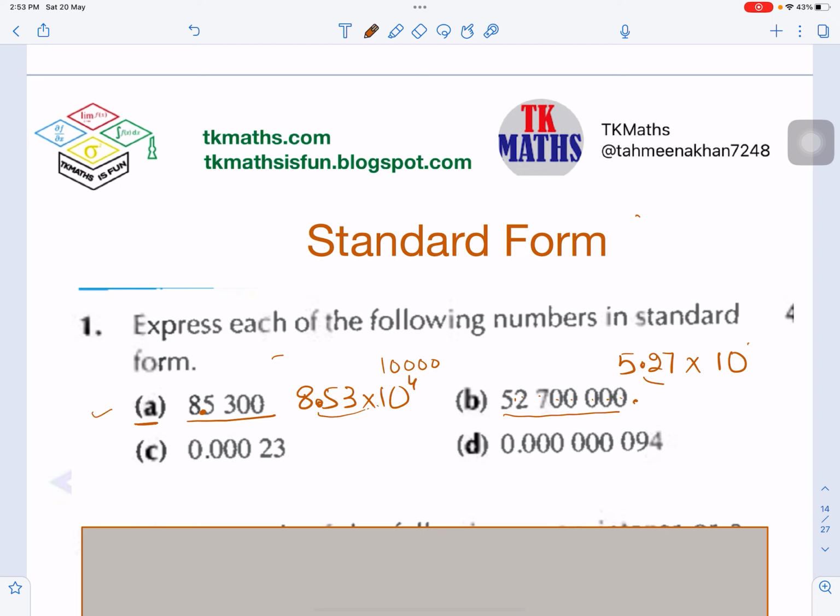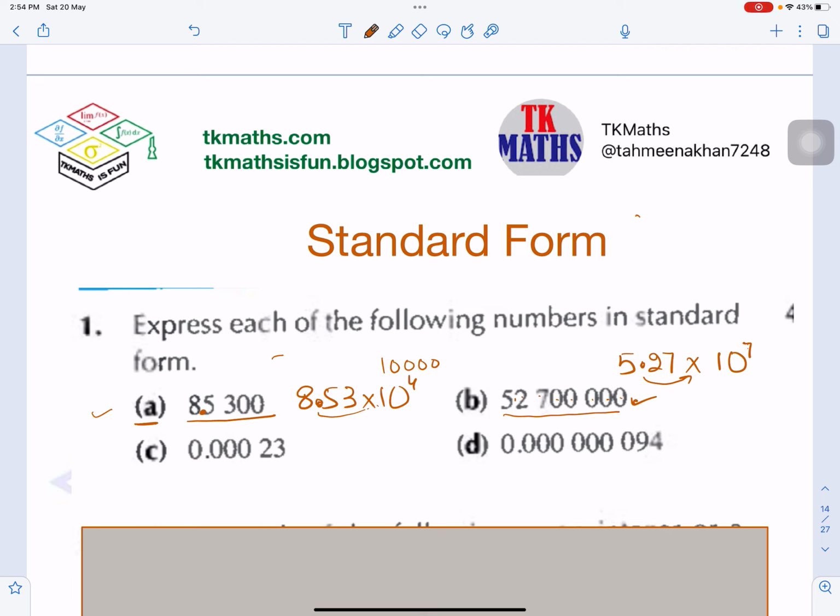So it has to jump 7 places to the right, then you will get this question back. So it is 5.27 into 10 power 7, right? Positive power means the decimal will go right. Negative power means the decimal will go left, because negative power means you are dividing it.